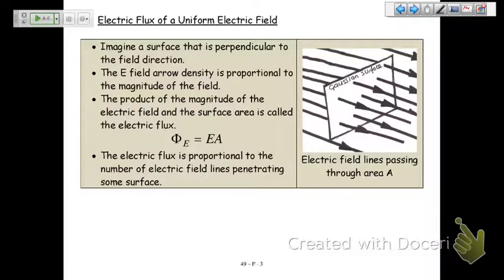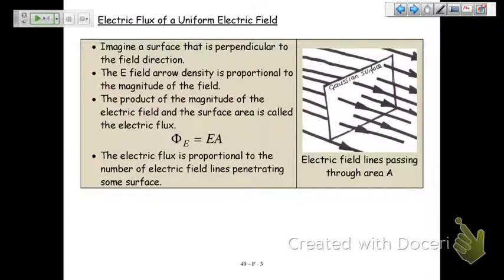We have a flux of electric field lines. It means the number of them. Let's make the rule that the number of field lines passing through a surface at 90 degrees to the field lines is the electric field times the area.